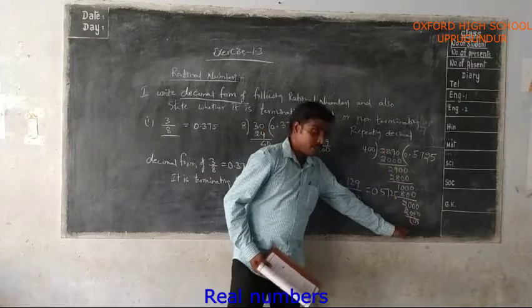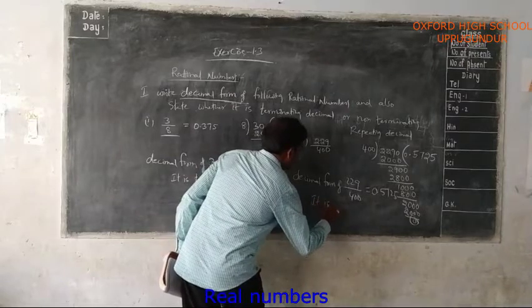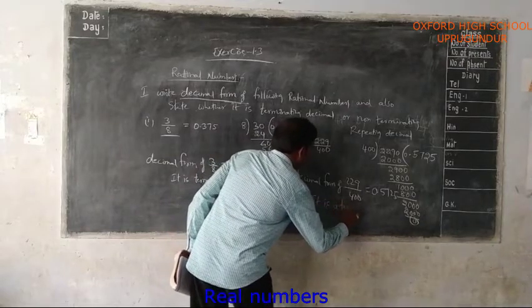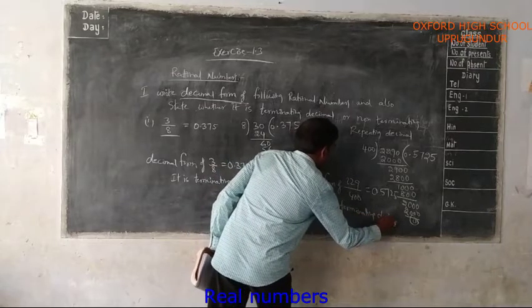Here also you are getting remainder 0. That's why it is also a terminating decimal.